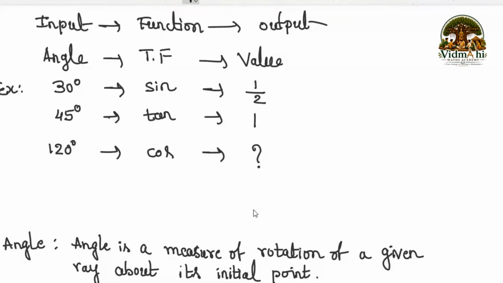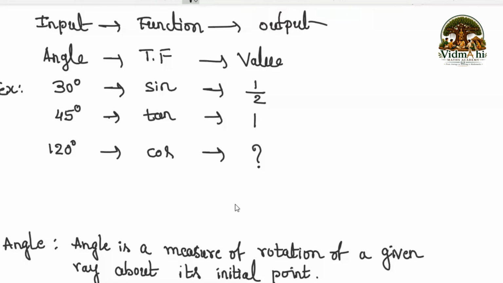Tell me, can we find cos 120 degree using a triangle? No, because the triangle method works only for acute angles. To define trigonometric functions for all angles, we need a unit circle.